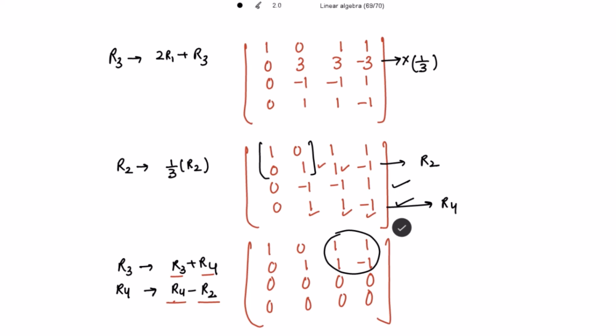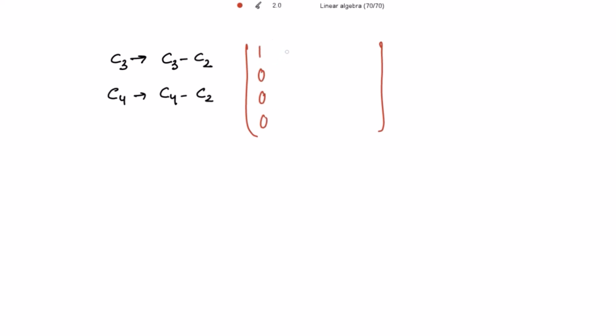Remaining to get 0 in place of these. For that, let's subtract column 2 from column 3, and also change column 4 by subtracting the elements of column 2 from column 4. So writing the first column as it is, second column as it is.